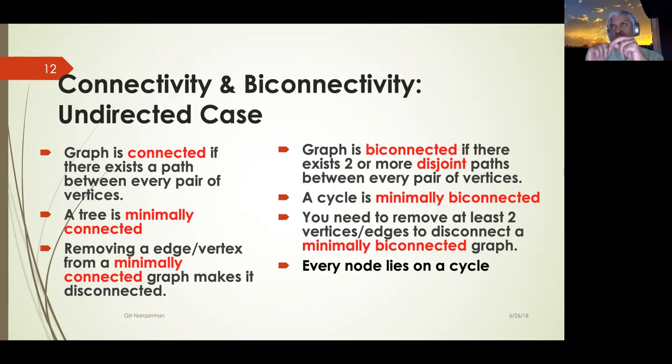And in fact, it's on a cycle with every other vertex, because you have two different paths. If you take vertex A and vertex B, and it doesn't matter which ones they are, we know that if it's biconnected, you have two distinct paths, and you can take one path to get from A to B and the other path to get back from B to A. So that means it doesn't matter which pair of vertices you pick, they are going to be on a cycle.